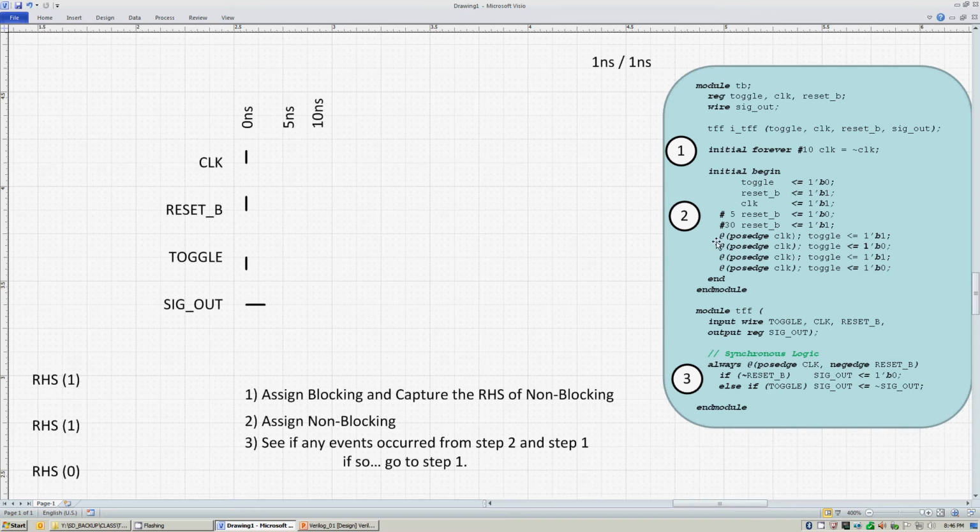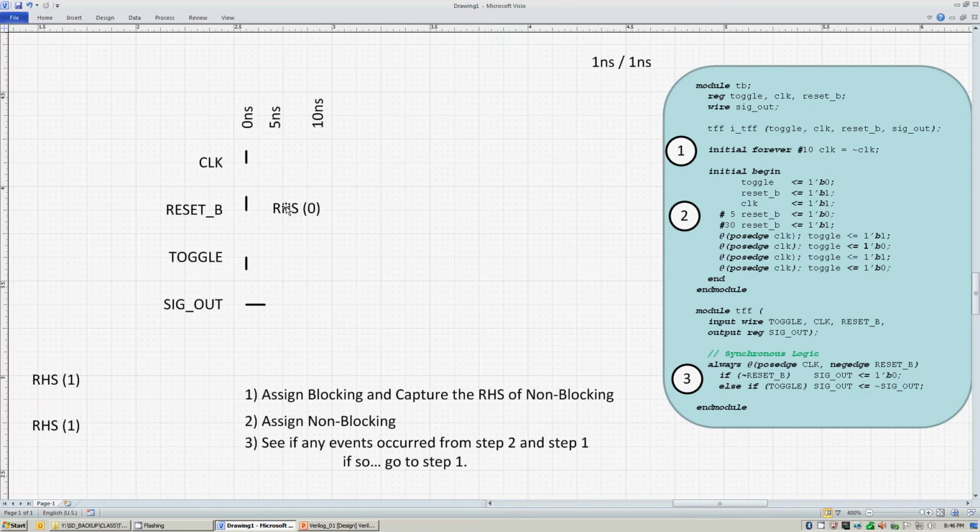If you remember, the closest next scheduled assignment was pound 5 nanoseconds, or 5 nanoseconds later. So 5 nanoseconds later, we assign reset to 0. Actually, it's not quite that simple. We capture the right-hand side of reset, and we want it to be 0.